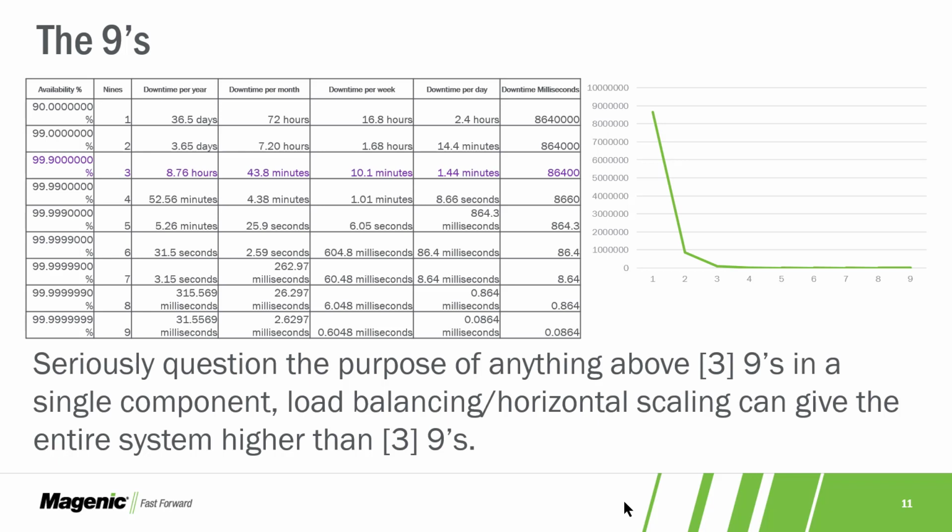So getting rid of singletons, making persistence tiers distributed and so on, allow you to climb the nines hill. Notice it falls off precipitously, and in general, 3 nines is the hallmark that a lot of us strive for in an individual component.